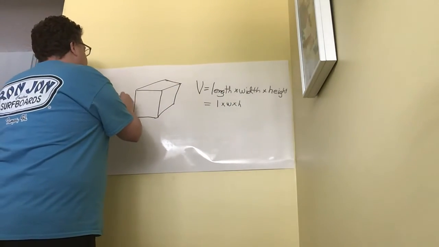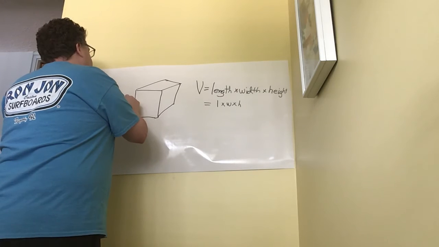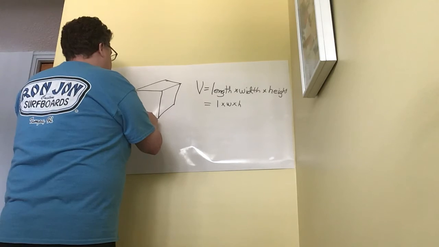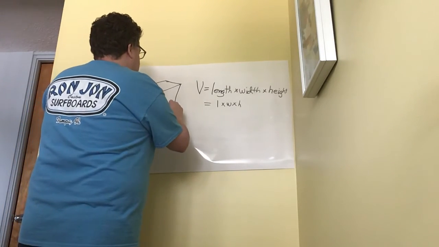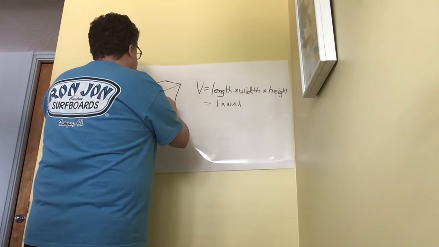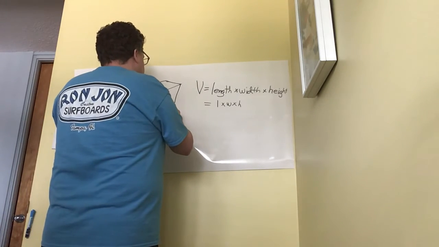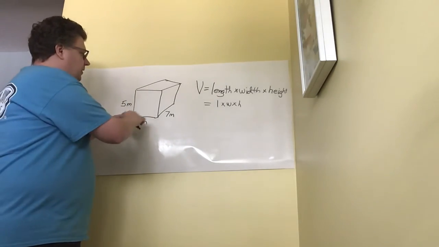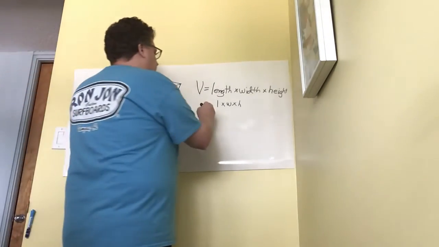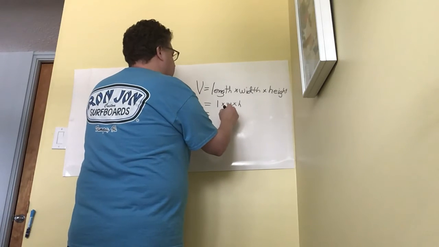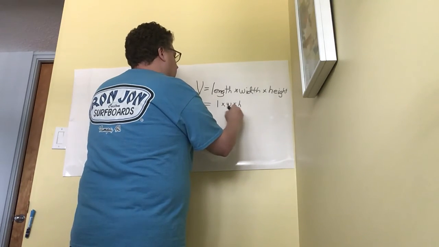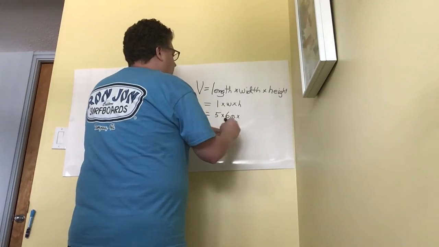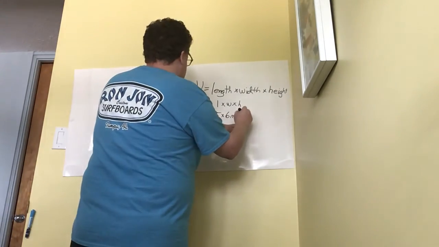So we'll have 5 meters, 6 meters, and 7 meters, okay? So width is 6 meters. Height, 5 meters. And length, 7 meters.